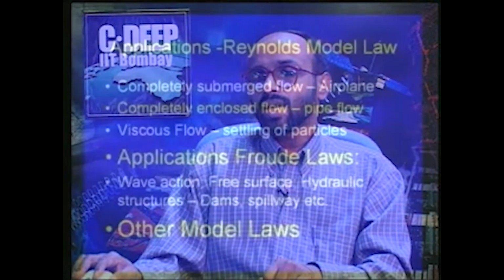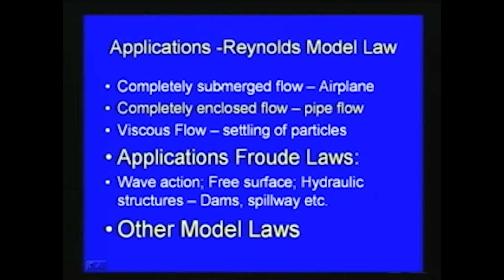So, now as I mentioned, Reynolds number and Froude number are the two most commonly used dimensionless numbers or similarity laws. So, let us see some of the important applications if we consider the Reynolds model law. Like the Reynolds model law, you can see cases like completely submerged flow.